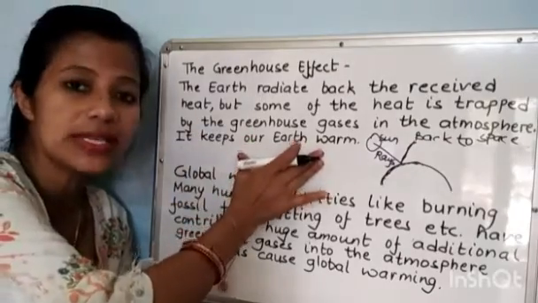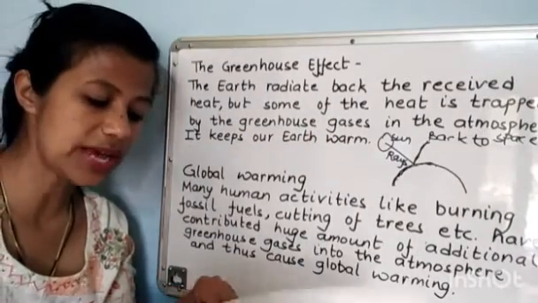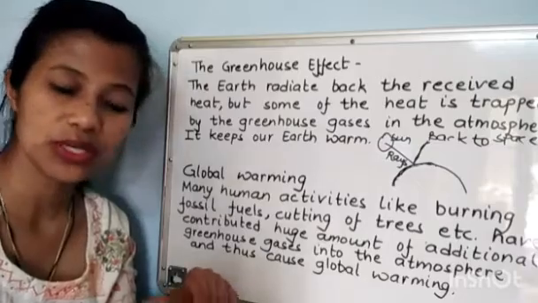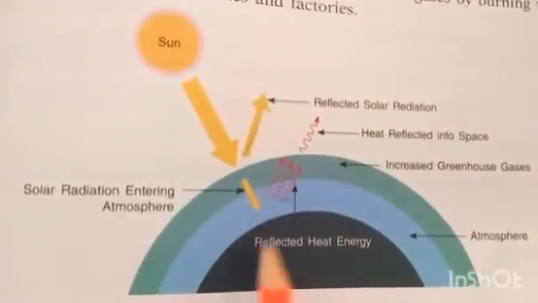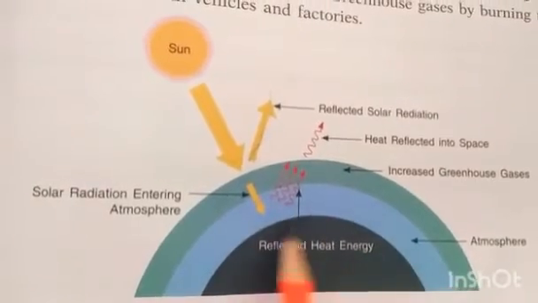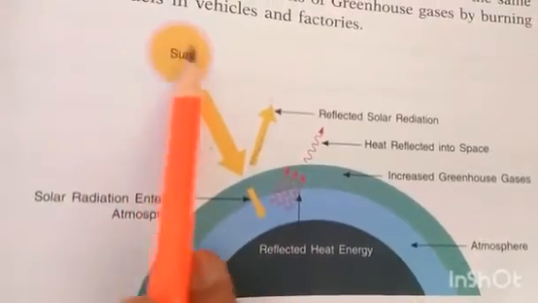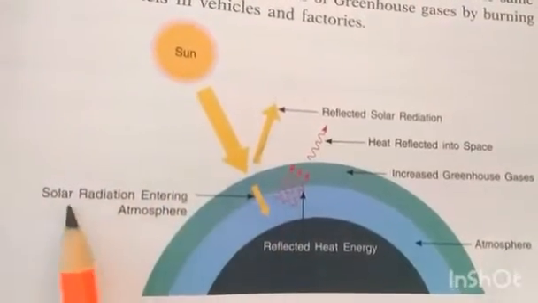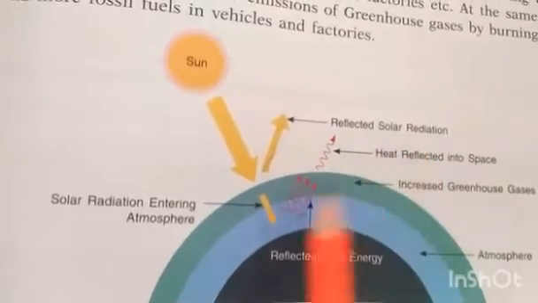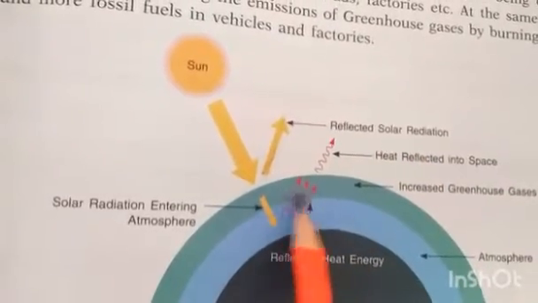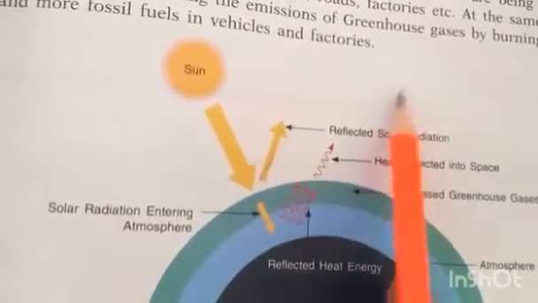With the help of the diagram given in your book, you will understand better. See, earth, atmosphere. Sun rays, solar radiation entering the atmosphere, reflected solar radiation. This is heat reflected into space.